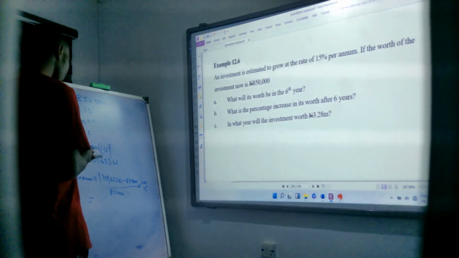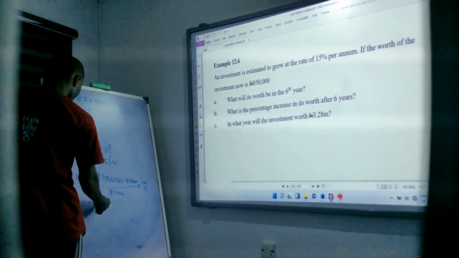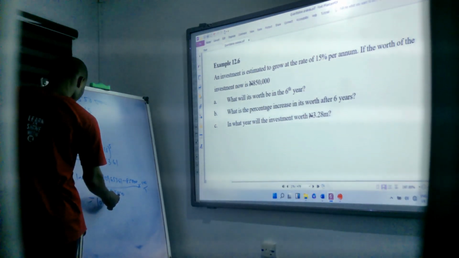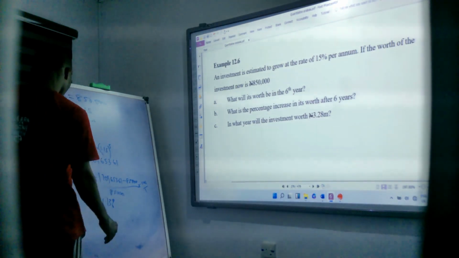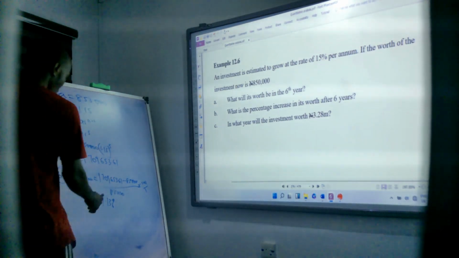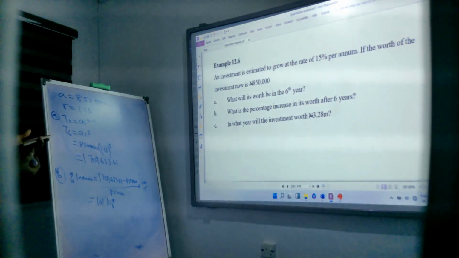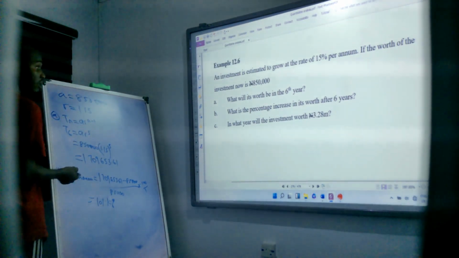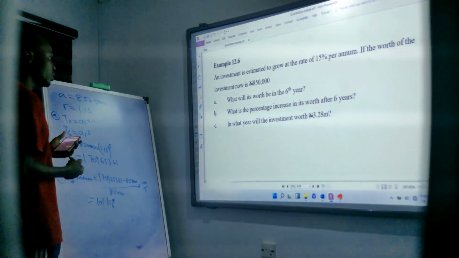That will give me about 101.14%. That is a very good one. It has increased sharply.